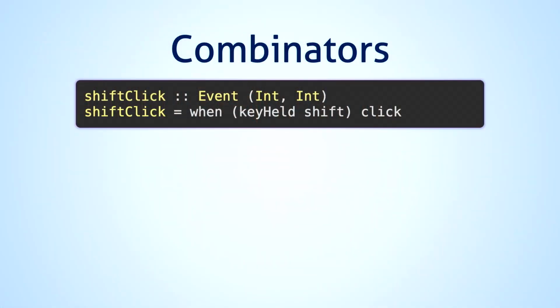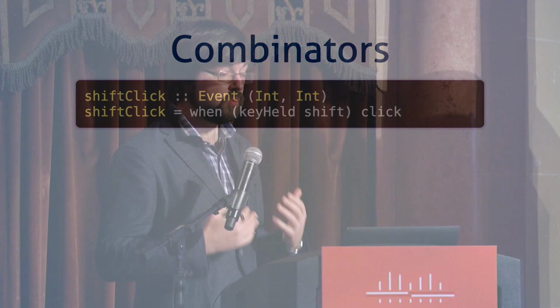And we would just say a shift click is when the shift key is held and somebody clicks. And I think intuitively, this is a great example of what it means for FRP to be declarative. We don't have to have a bunch of fiddly logic that says what to do to figure out if it's a shift click. We just define what it means to do a shift click.